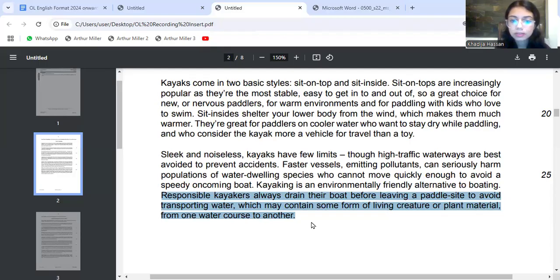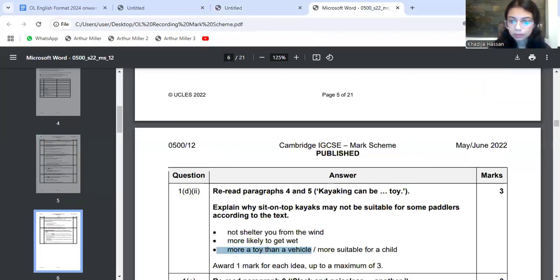Kayakers always drain their vehicles before departing from a paddle site to prevent the transportation of any water that contains a creature or plant material. That should be it. And let's take a look at the mark scheme as well.